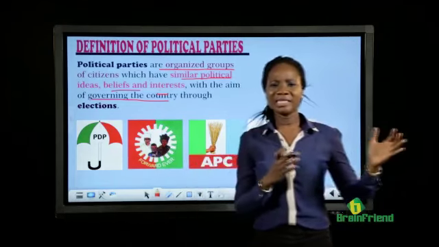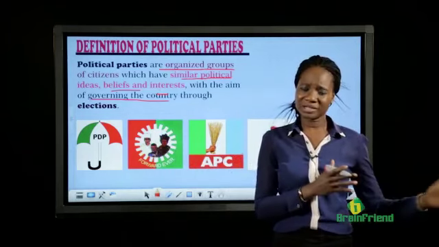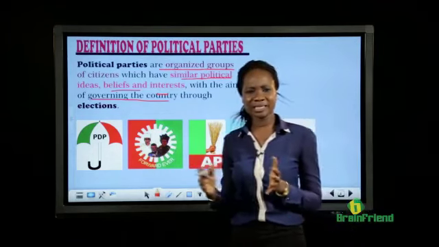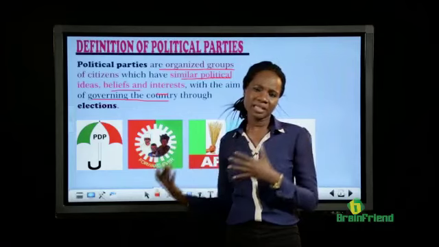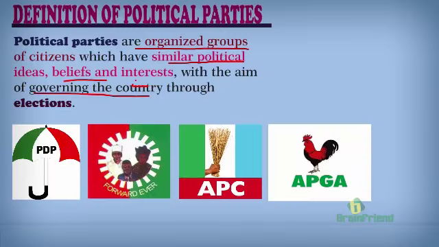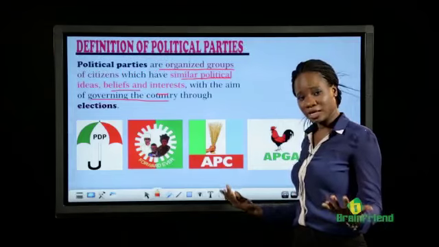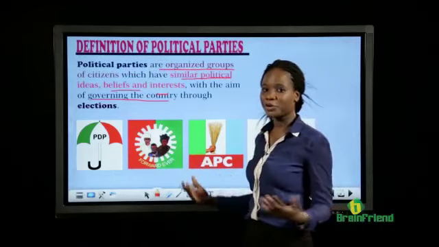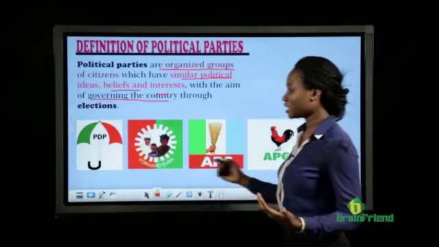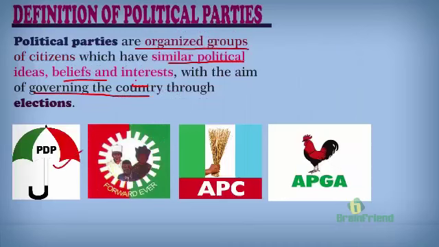Then we had the NPC, which was for the Northern, and the NCNC, which was for the Eastern. Parties kept emerging through different phases, and presently, in the 2015-2016 period, we have parties like the PDP, the Labour Party, the APC, and the APGA.